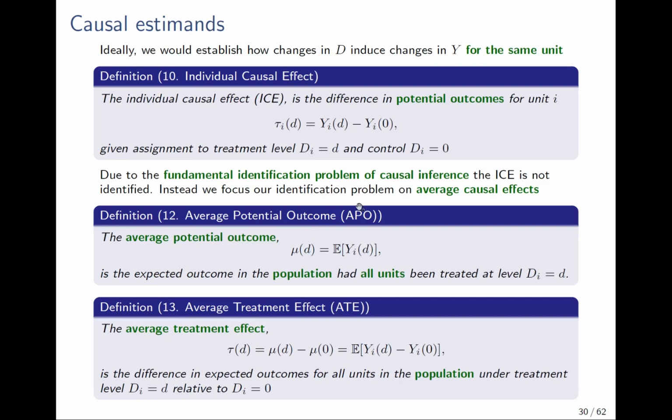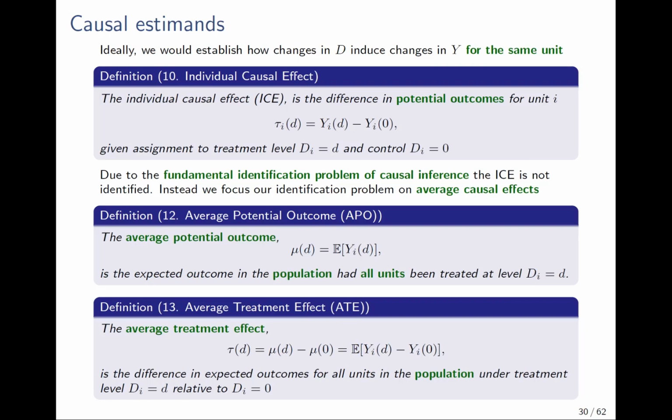Now again, we don't observe all of these potential outcomes. We don't observe all units in the sample treated at that level. We know that, but unlike the individual causal effect, what I'm going to show is it turns out that if we're prepared to make some assumptions and give some structure to the causal inference problem, then we can identify this estimand under certain conditions. The second causal estimand we're going to talk about is called the average treatment effect.